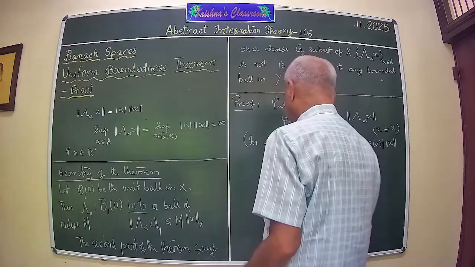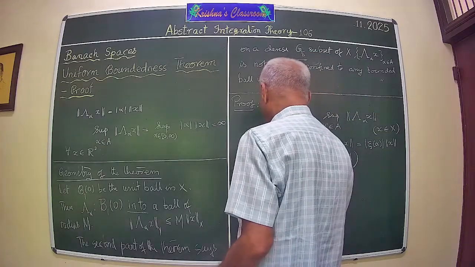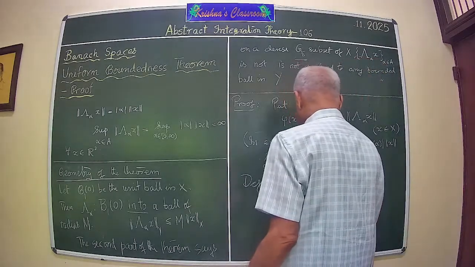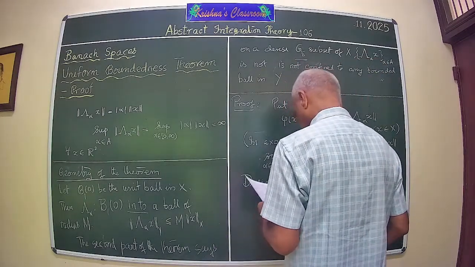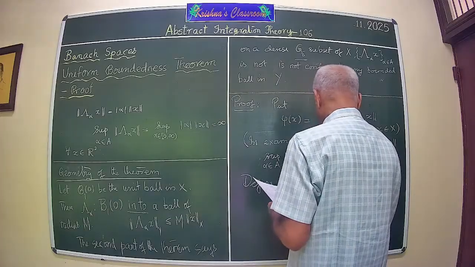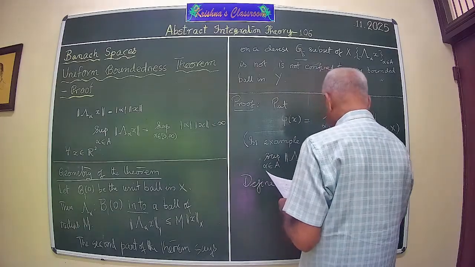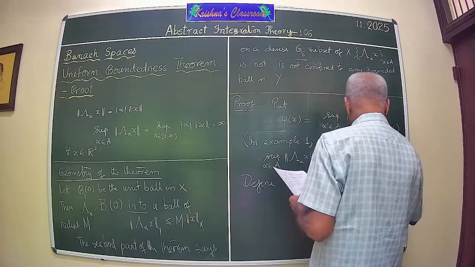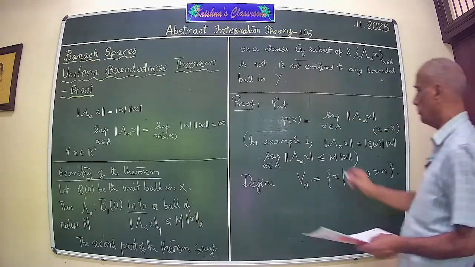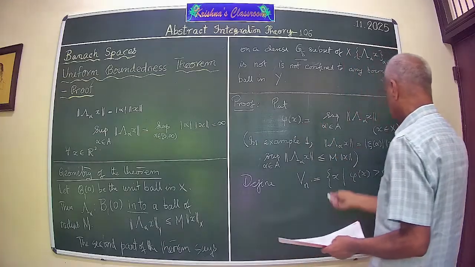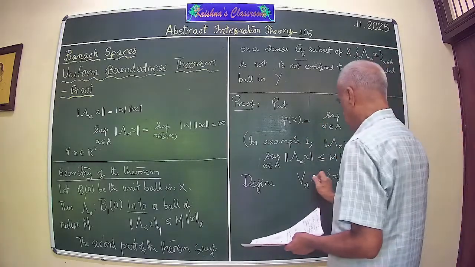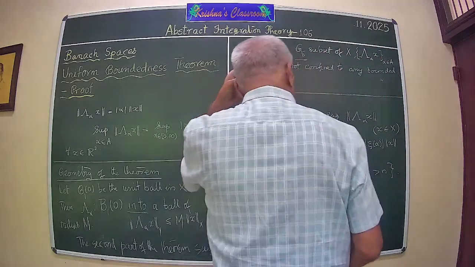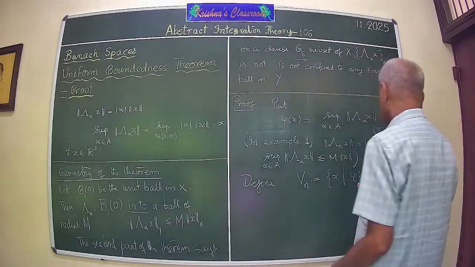Now we define the set of all x for which phi x is greater than n. So this is your phi x and this is the set Vn. Now Vn would be what in this case? In this case, you see that phi x is greater than n.